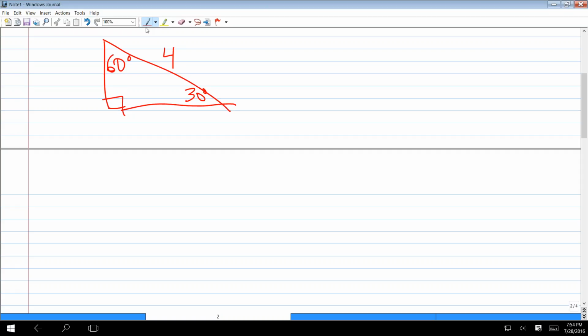There's two special triangles. There's a 30-60-90 triangle, and there's a 45-45-90 triangle. You want to be able to solve all of these. Now, even though you only have one side of the triangle, so you really can't use the Pythagorean Theorem, how do you solve for x and y?